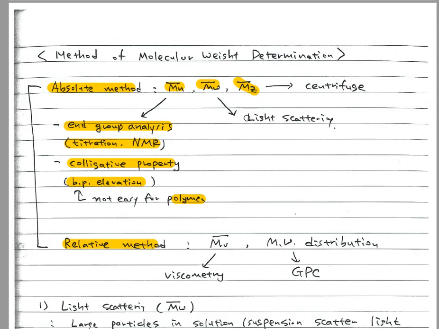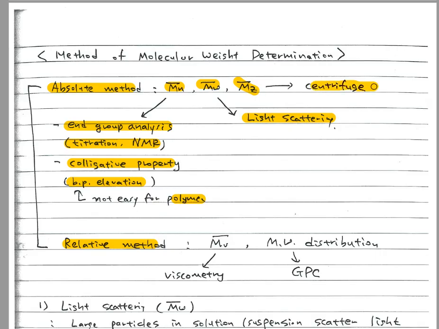There's a way called light scattering. I believe that you also do this experiment in your third year, right? So some of you might do it this semester. I briefly talk about this light scattering later at the bottom of this slide.